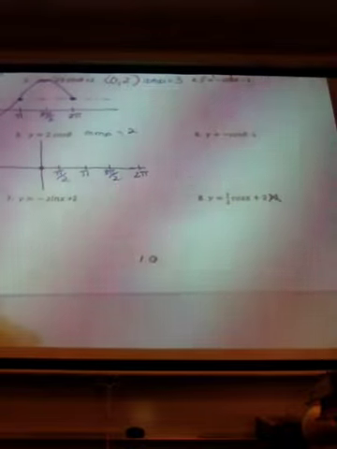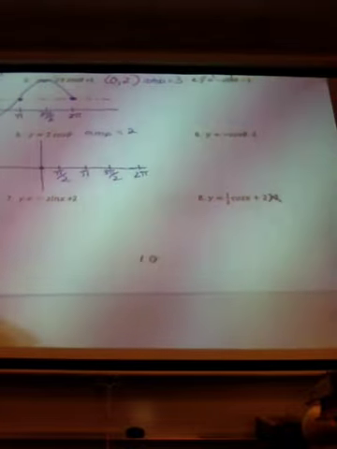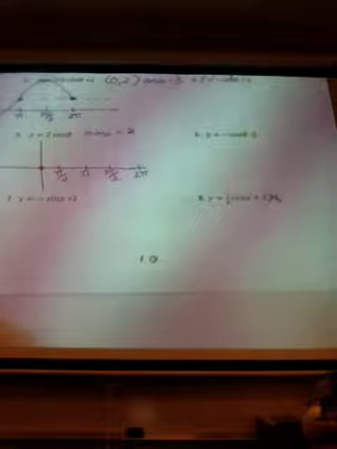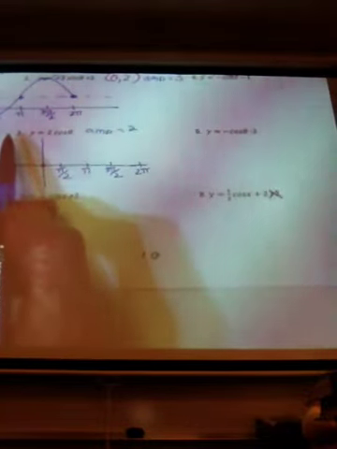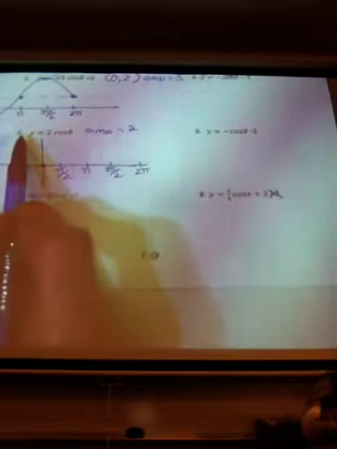Where is it going to begin for number 5? The amplitude's 2, it's cosine.